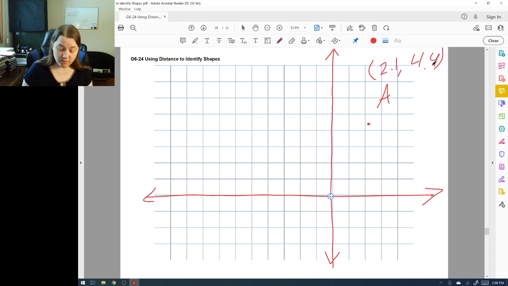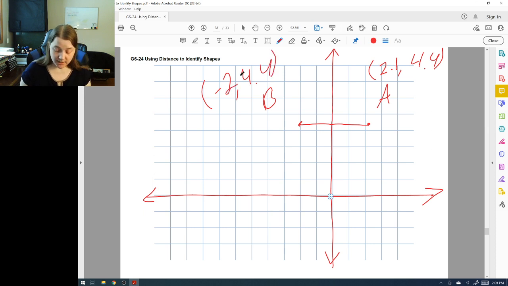Then we're going to go to point B, which is run -2, jump 4.4, which is going to be the same line as A. So I just need to line that up all nicely. -2. That's going to be for point B. That was -2, 4.4.